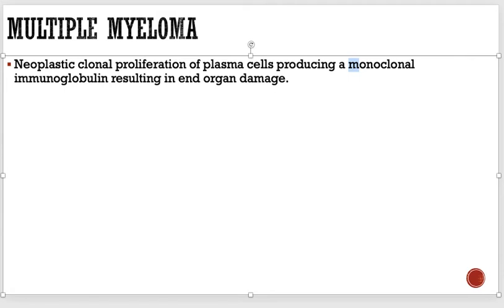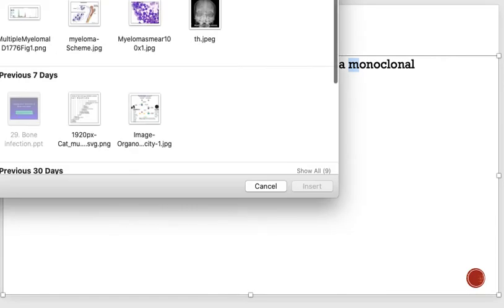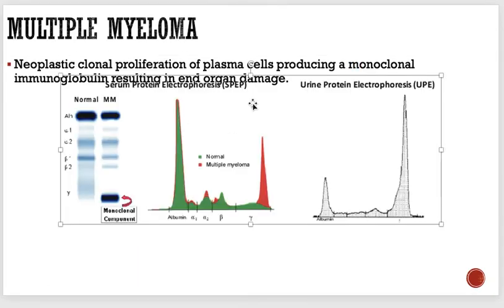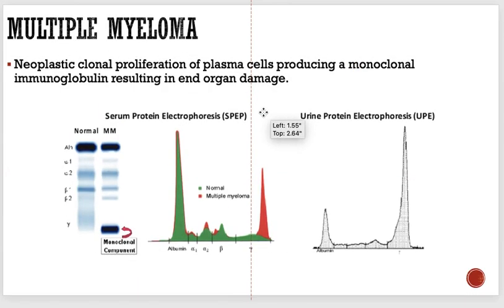Okay, let's put a photograph just to show you what I'm talking about. This one, right? Okay, guys, see this one. What is electrophoresis, by the way? See, in our blood there are a lot of proteins, in our urine there are a lot of proteins.